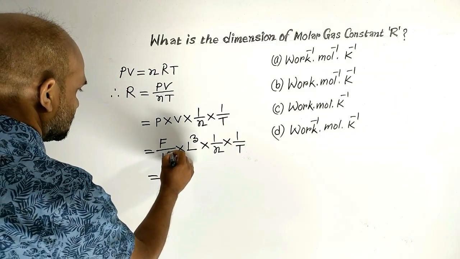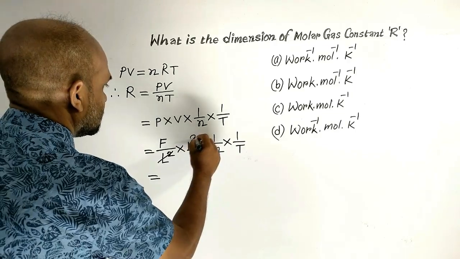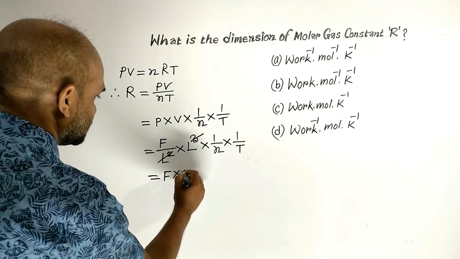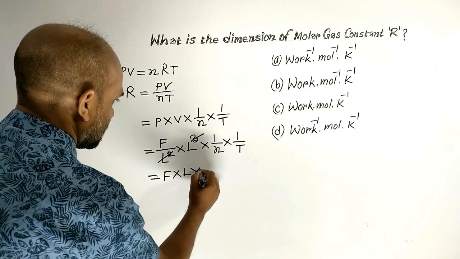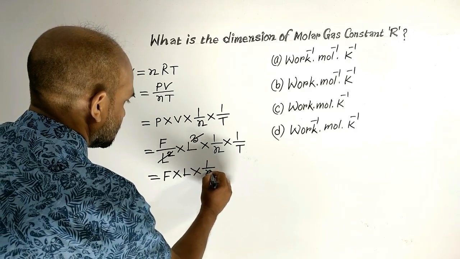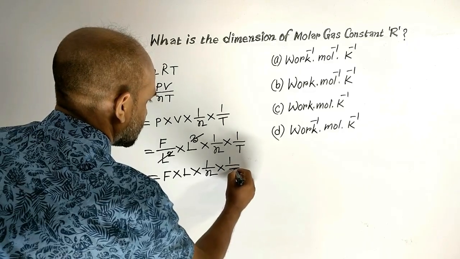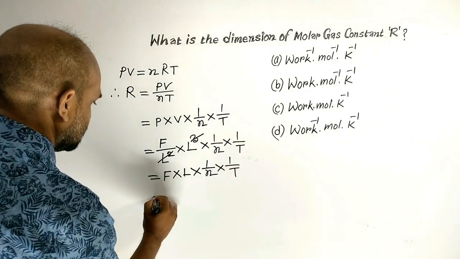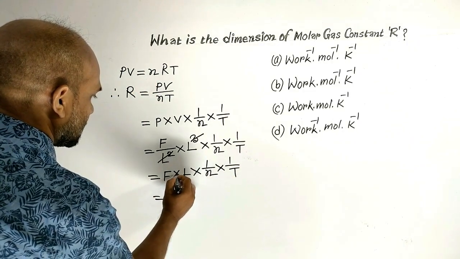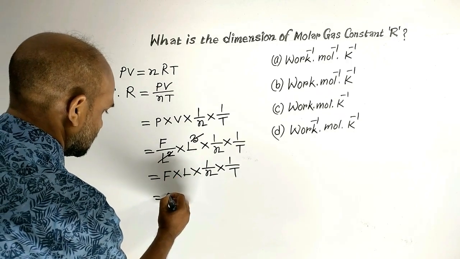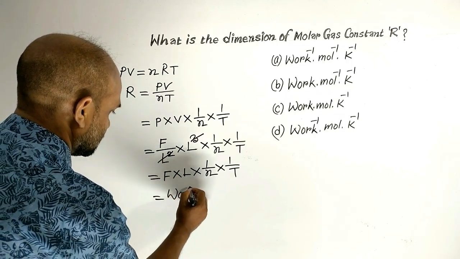Then length square, length cube, force times length, times 1 by number of moles, times 1 by Kelvin temperature. Force times length, force times distance, that is work.